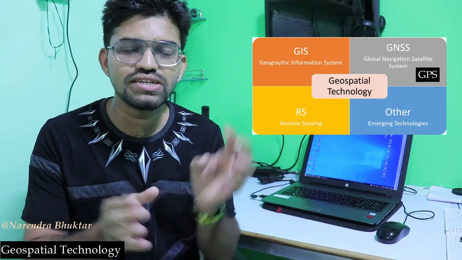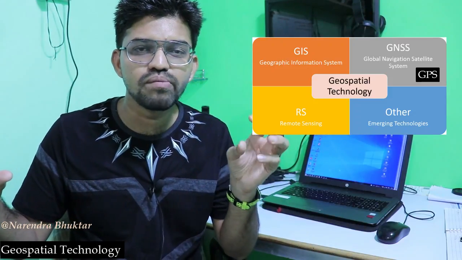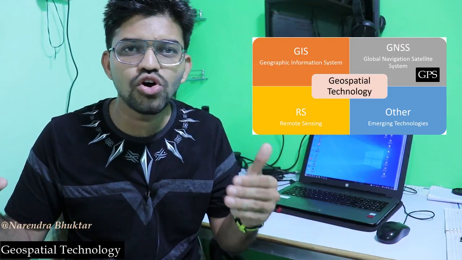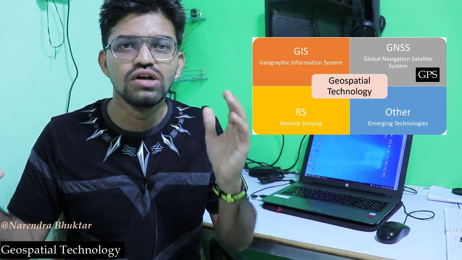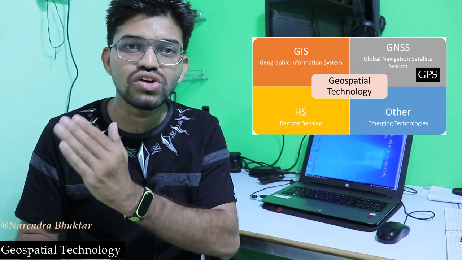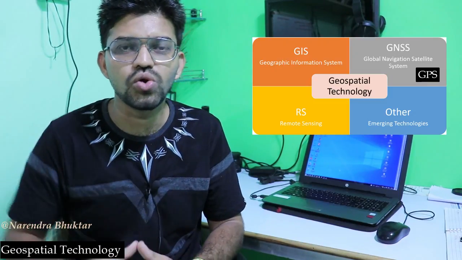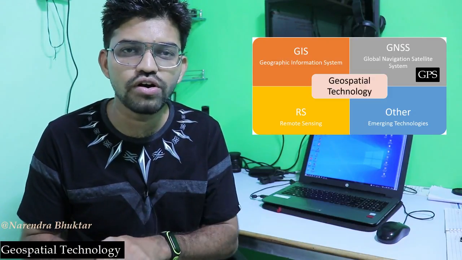That information gets stored on the server and you will get results based upon your location. Suppose you are right now in Mumbai, it will give you search results based upon your location. Suppose you travel to a different city, it will give you search results based upon that particular location. So this is how geospatial technology works.